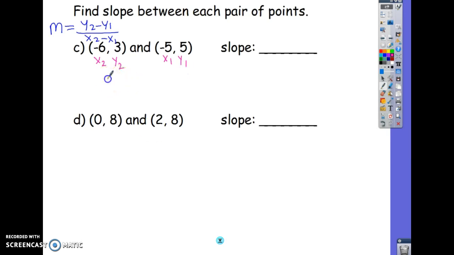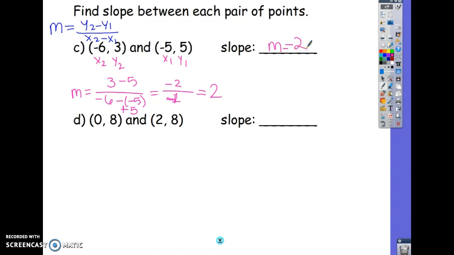So m equals 3 minus 5 divided by -6 minus a -5. Be careful for your negatives. 3 minus 5 is -2. Minus a -5 is the same thing as +5, so -6 plus 5 is -1. If I simplify -2 over -1, I get +2. So our slope m equals +2.